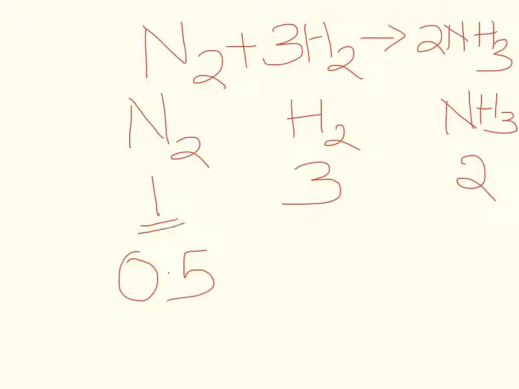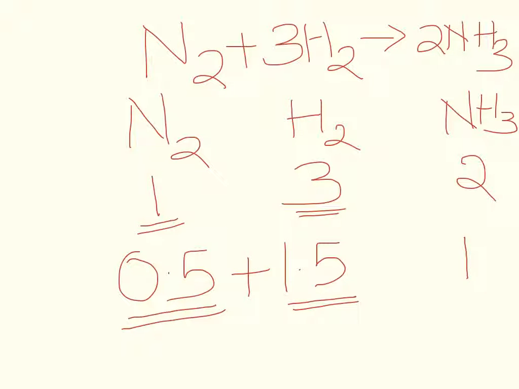It's a 1 to 3 ratio. So if you want all the 0.5 moles of nitrogen to react, then you should have 1.5 moles of hydrogen, and they both will react to yield 1 mole of ammonia.